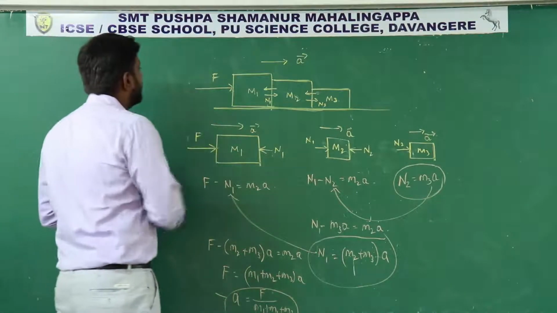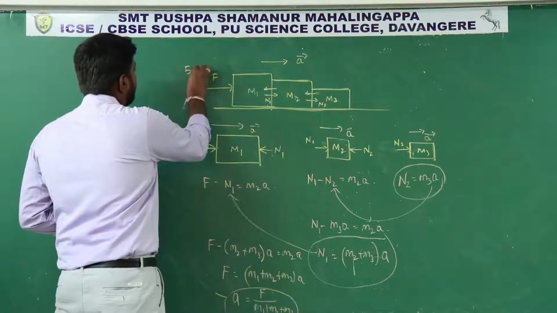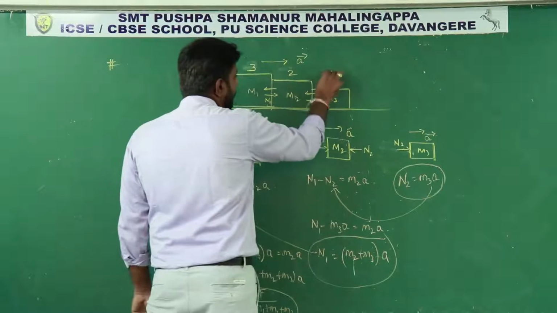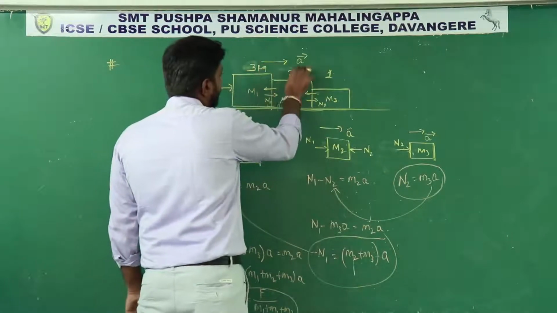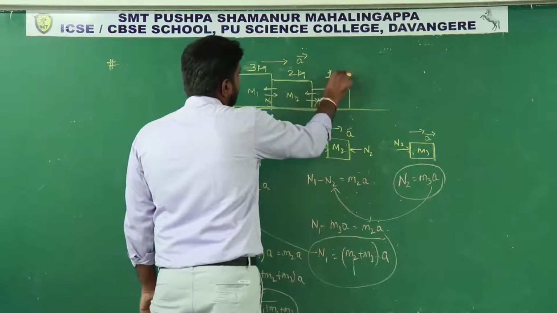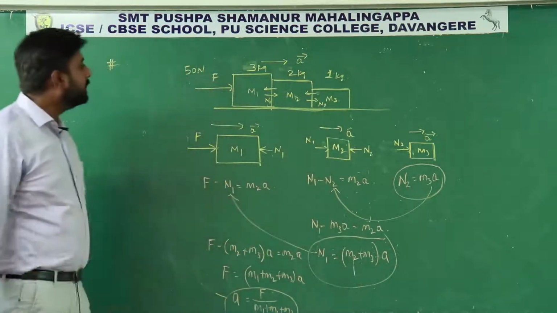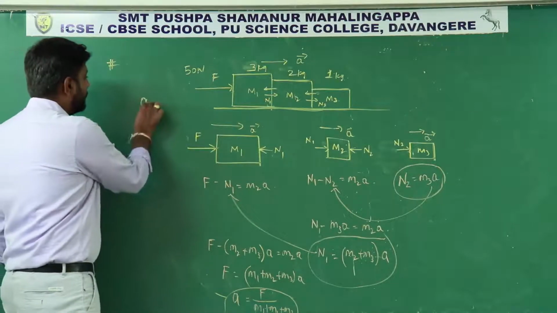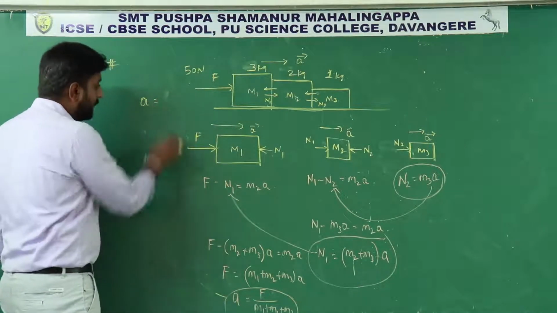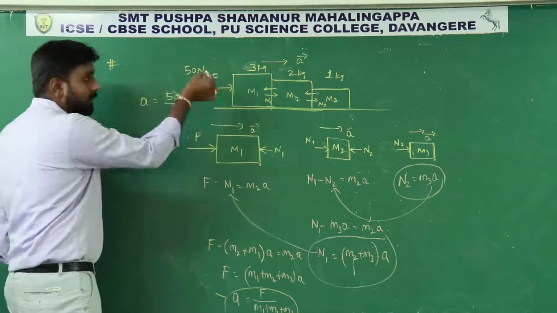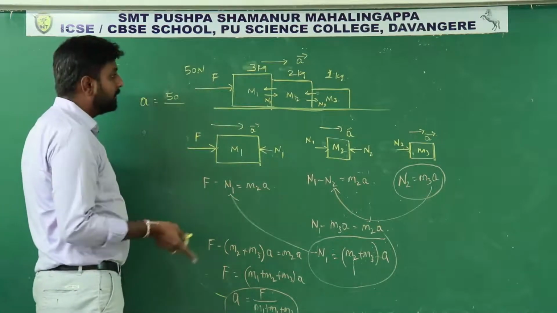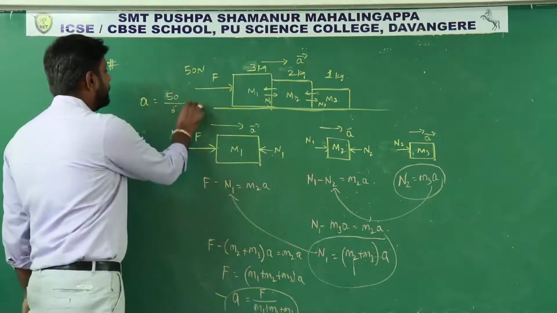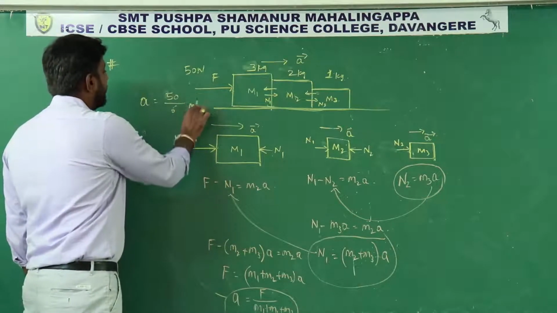Suppose let us take a 50 Newton force acting. The blocks are 3 kg block, 2 kg block and 1 kg block. Then what is the acceleration? Acceleration A is equal to, you can write, force acting 50 Newton divided by total mass 3 plus 2 plus 1, that is 6 kg, 50 by 6 meter per second square.